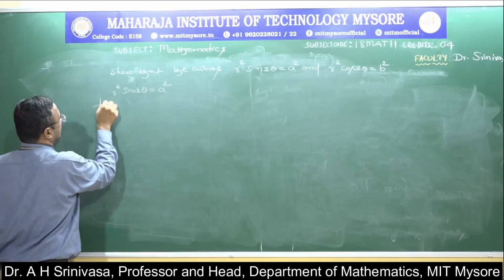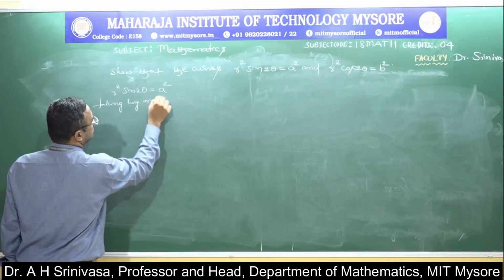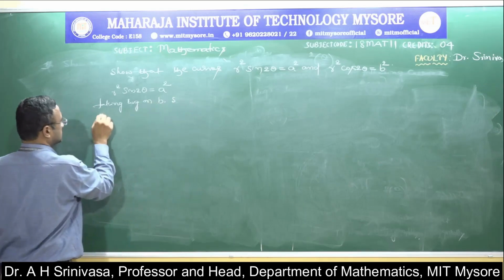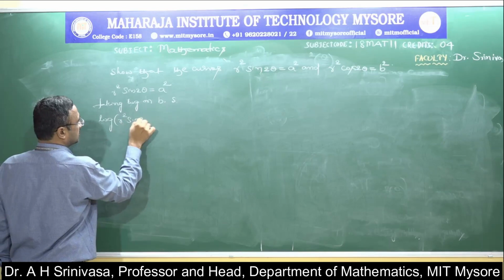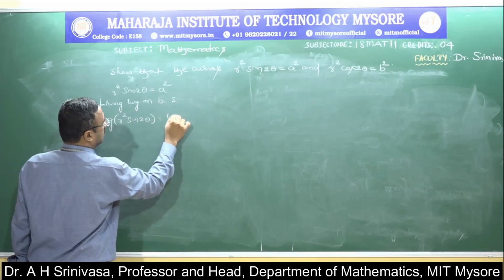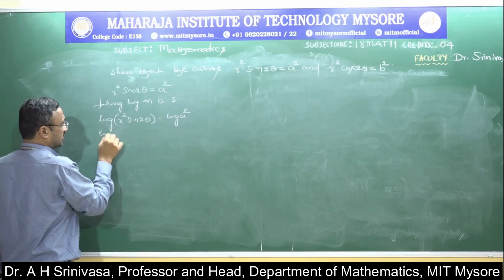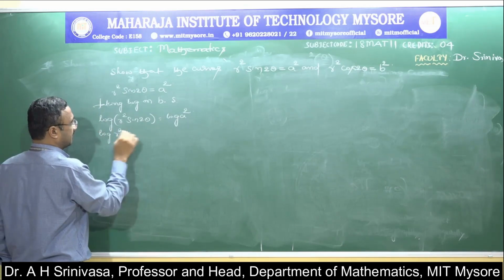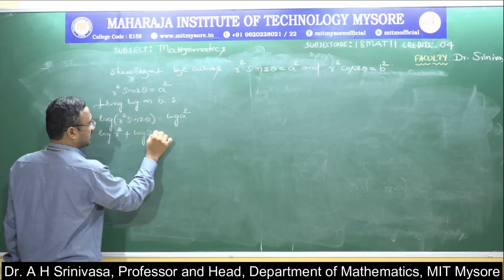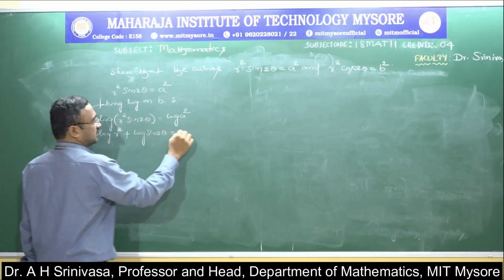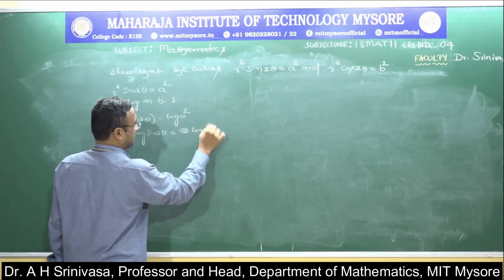Now taking log on both sides. This becomes log r square sine 2 theta equals log of a square. Now use the properties of logarithm. This becomes log r square plus logarithm of sine 2 theta, and this is also 2 times log a.